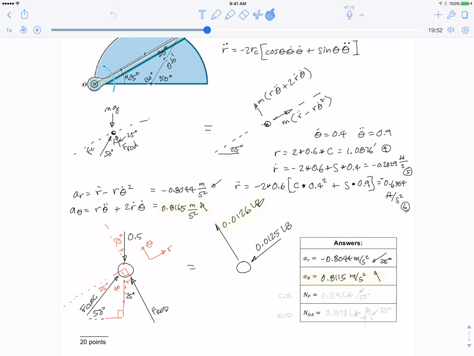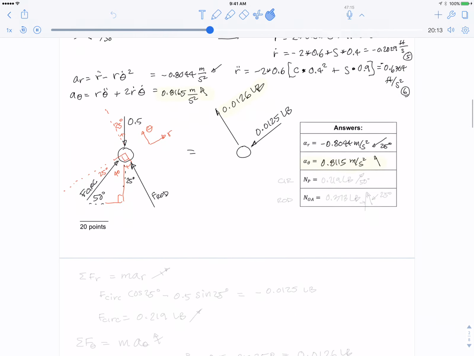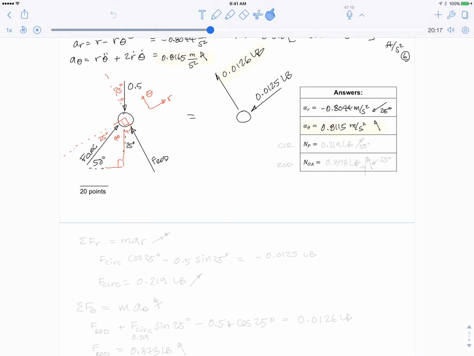Okay, so I was all ready to continue, and now when I looked at this, I noticed that if I sum forces in the theta direction, I would have F rod plus F circle sine 25. I wouldn't solve it. So just to save a little bit of time, I did sum forces in the R direction first, because it would just have the circle component.